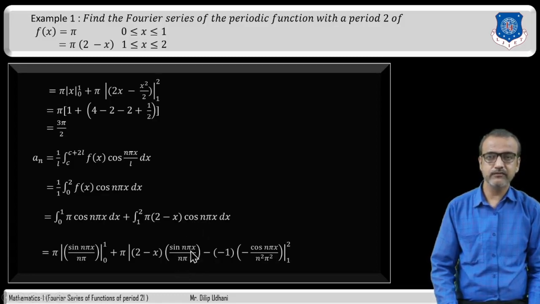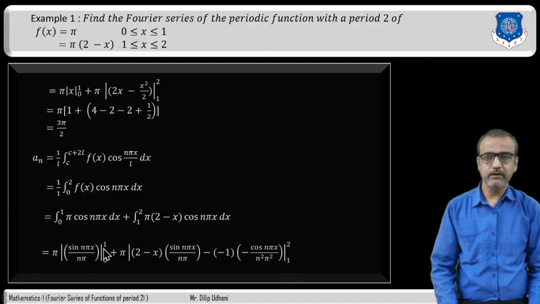Now the integration of sin n pi x upon n pi will be minus cos n pi x upon n pi, and this n pi will be as it is, so it will become n square pi square. And then we have to keep alternate signs. So for the first term we have positive sign, and for the second term we have negative sign, and the limit is from 1 to 2.